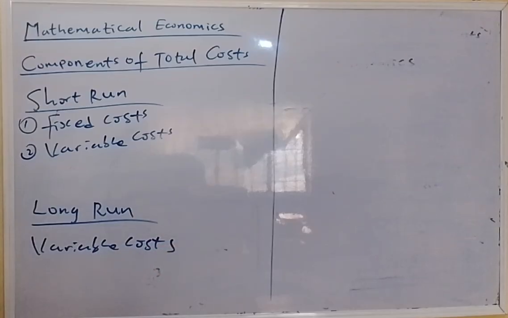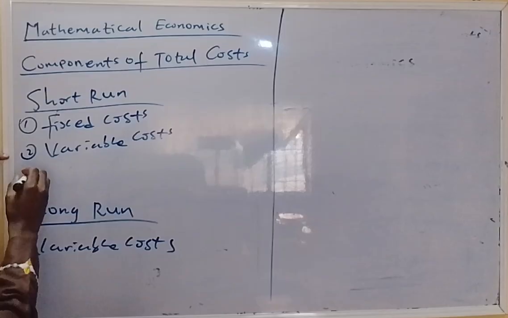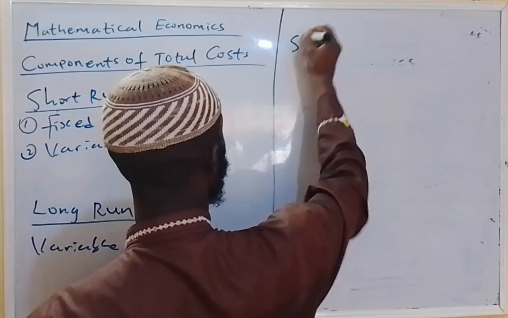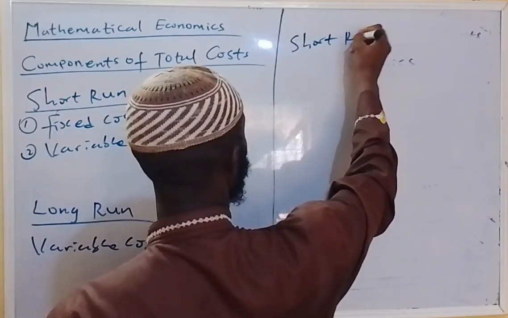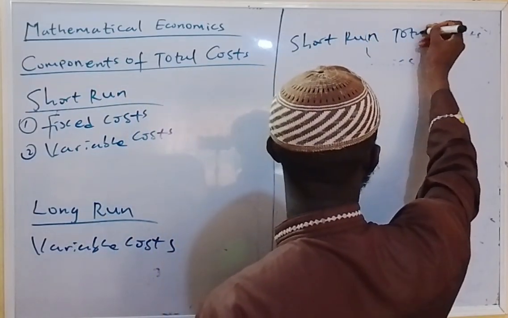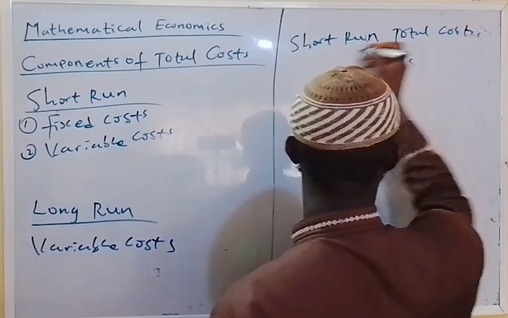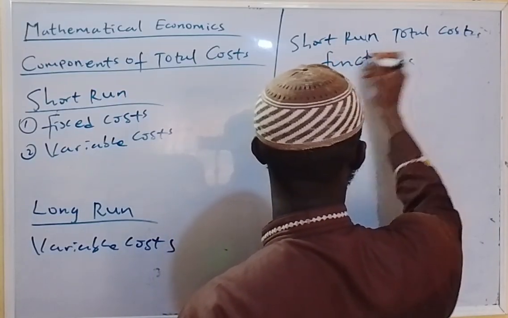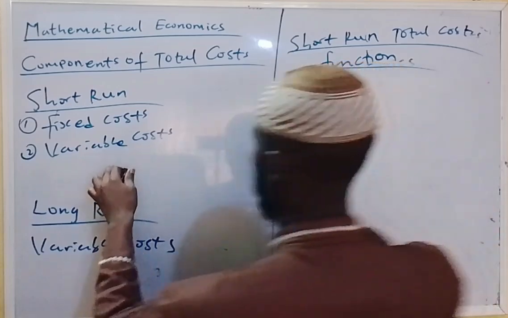Meaning that in the short run, the total cost function will include these two components.